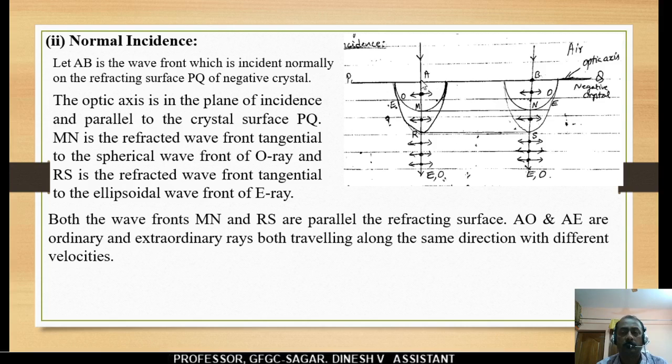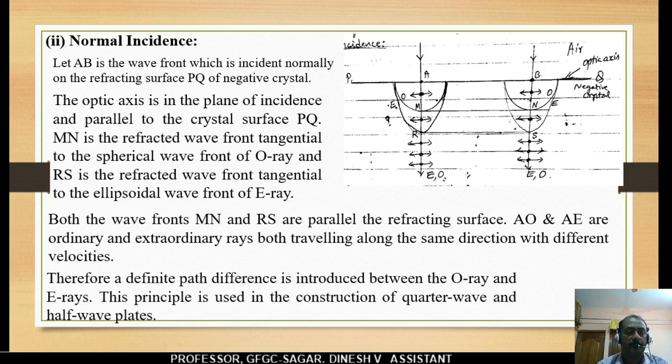AO and AE are the ordinary and extraordinary rays, both traveling along the same direction with different velocities.